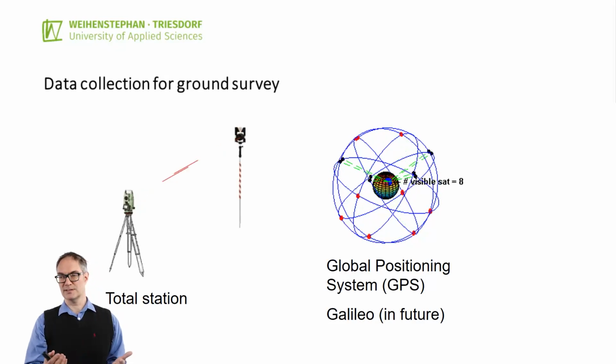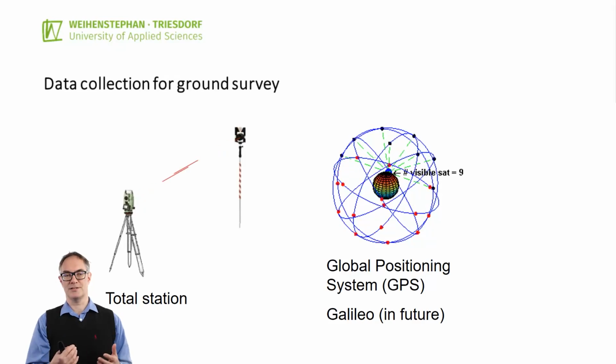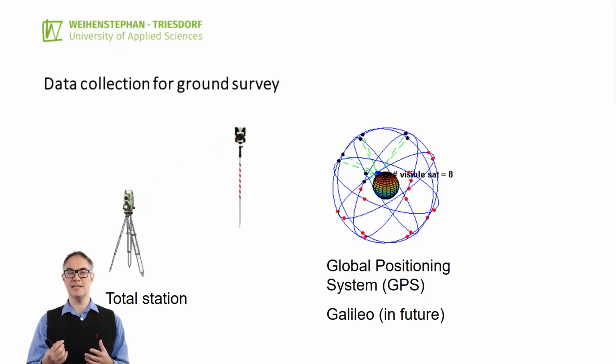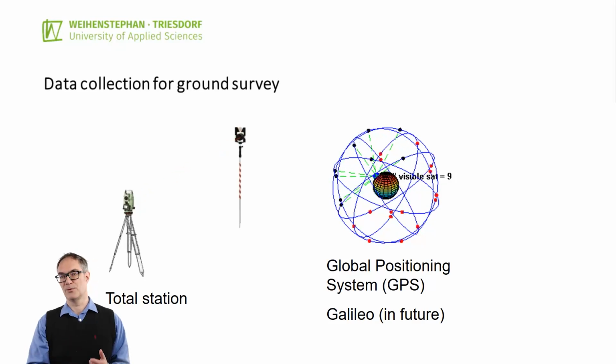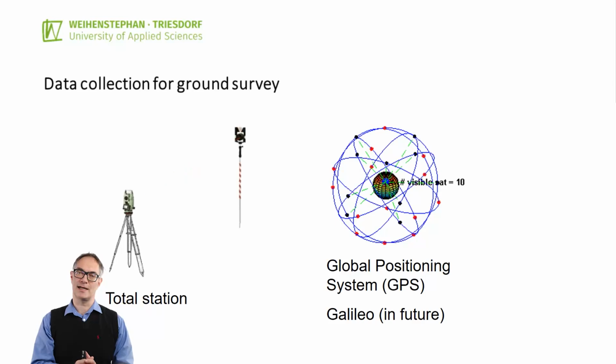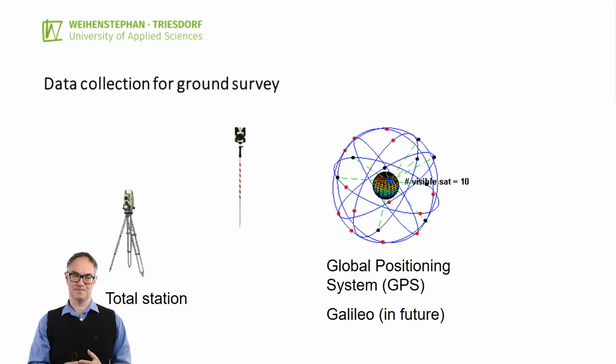This process is called trilateration. It's a type of triangulation, and you need to have connection to at least 4 satellites. But with all the satellites today, we often get connection to 20 or more satellites. And the more and the better spread out these satellites are, the higher our precision.